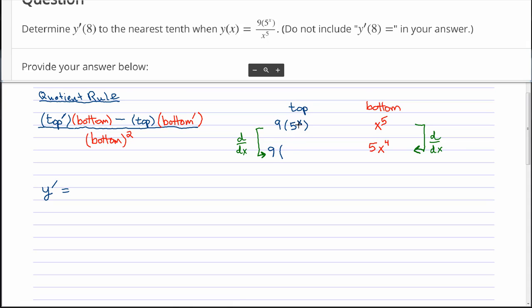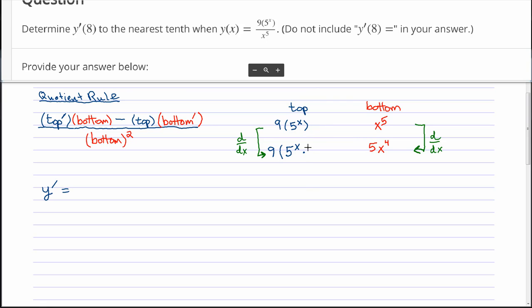And then the derivative of x to the 5th, sorry, I said the wrong thing. The derivative of 5 to the x. This is an exponential function, and the derivative of an exponential function is just equal to the exponential function, almost.